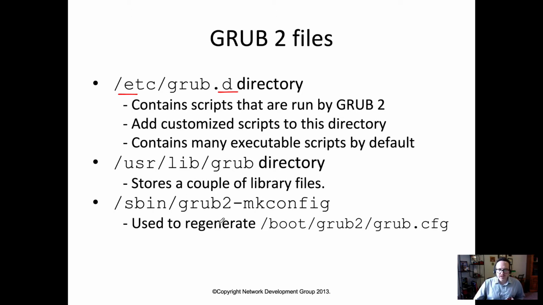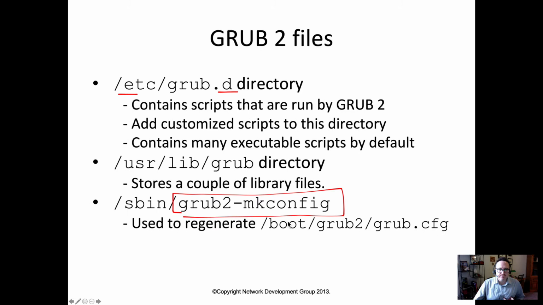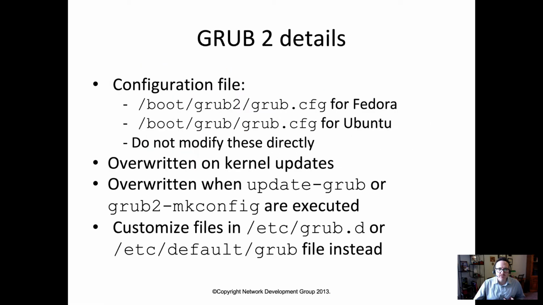We will edit the file, and after we're done, we need to run grub2-mkconfig to regenerate our grub config, or update-grub, which I'll show you, and it's going to depend on the distribution.